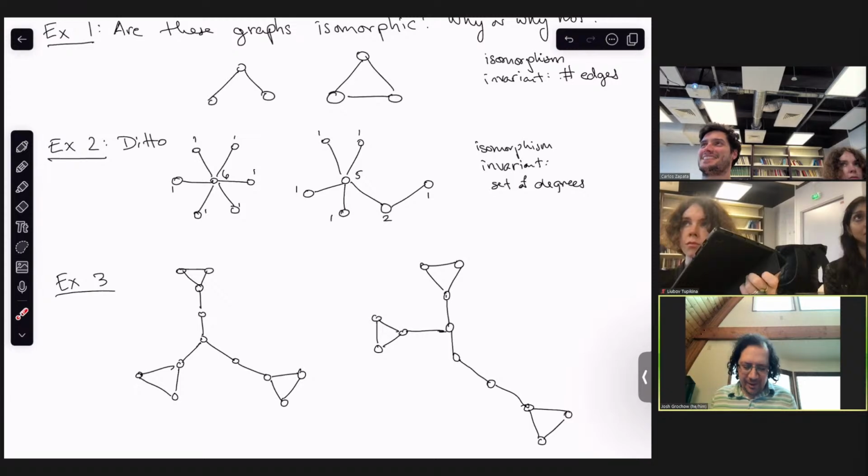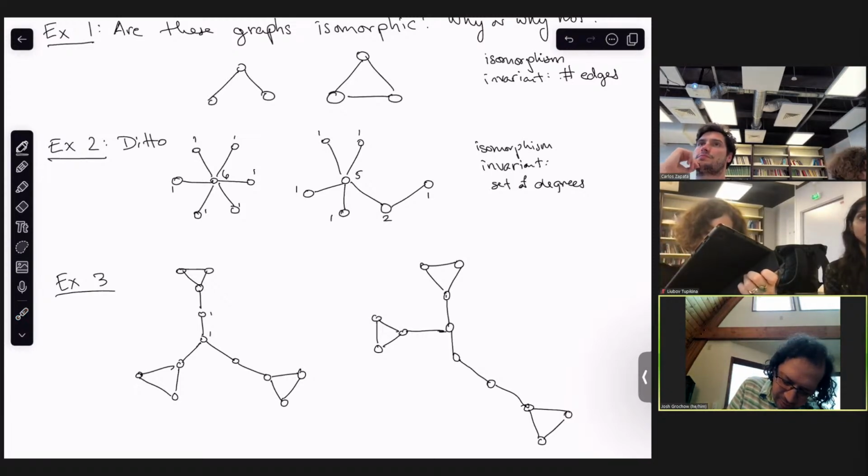So I claim actually, by just looking at degrees, not just the set of degrees, but slightly more information about the degrees, you can tell these 2 apart. Okay, so first, I'm going to label everything by its degree.